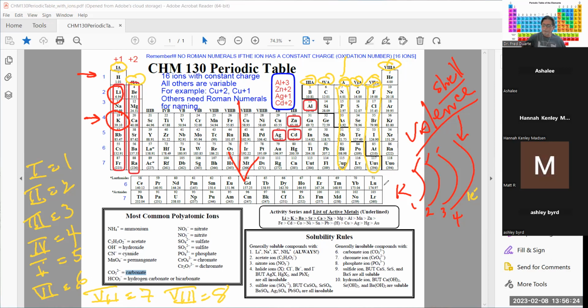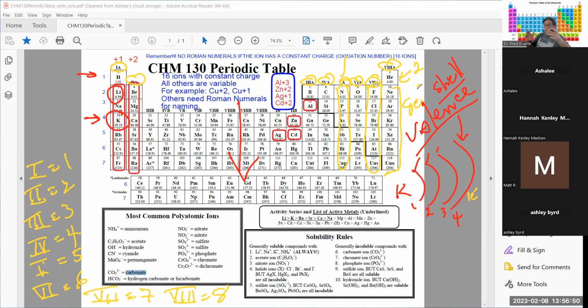What do you think? 7. Exactly. Okay. And more on that. And so everybody in group 8A right here has 8 except helium. Helium has 2. Okay. Everybody else from neon down has 8 electrons in the outermost shell.